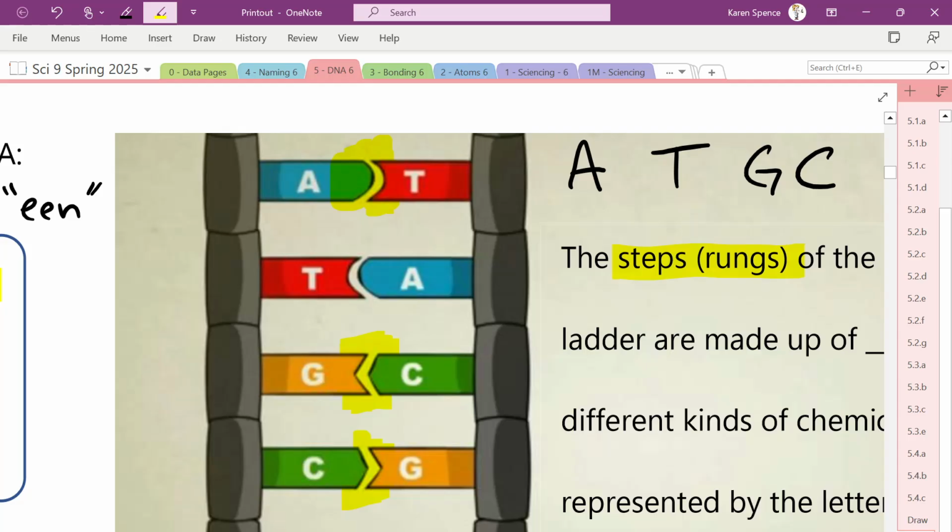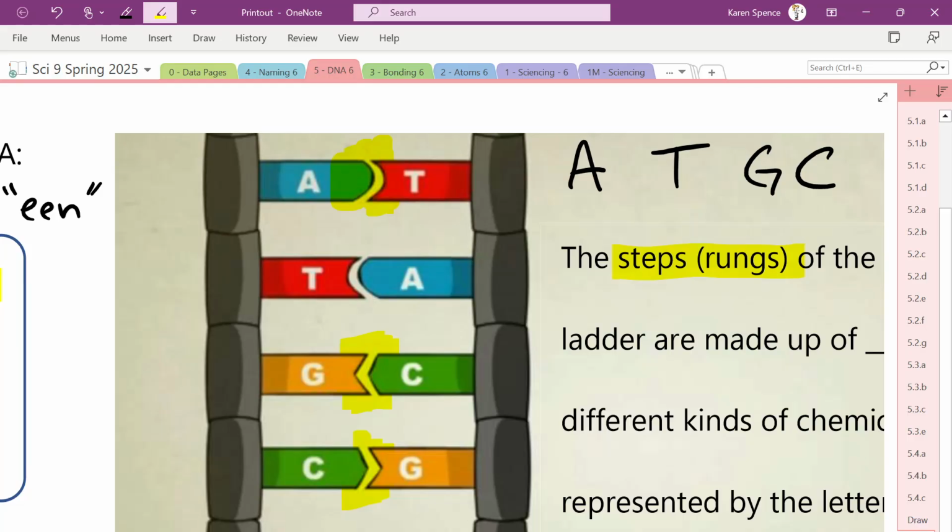Would an A fit with a C? No. Would a T fit with a G?